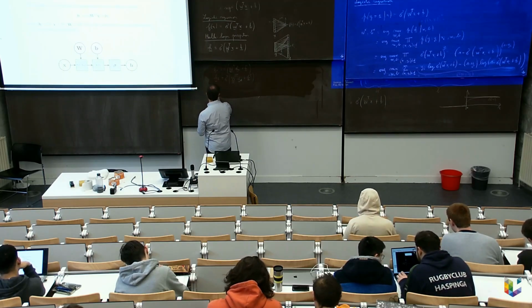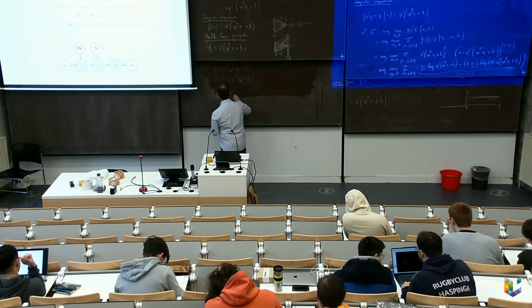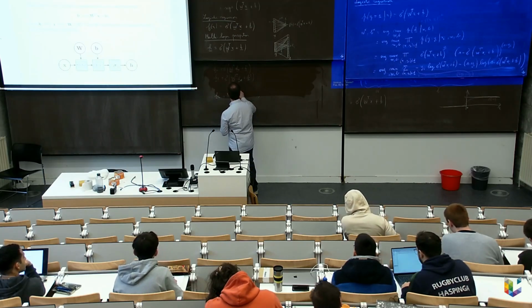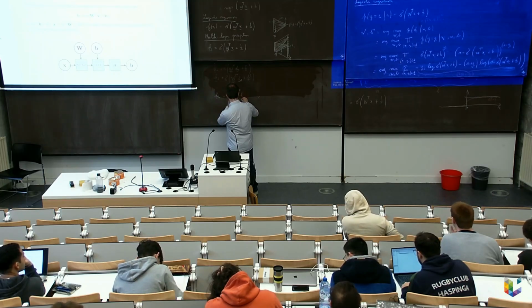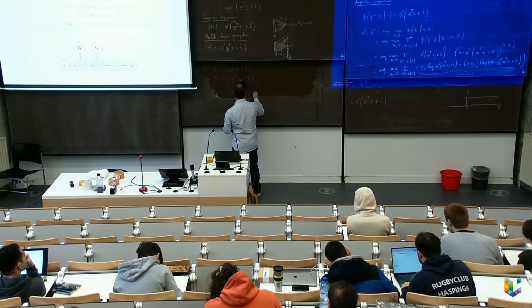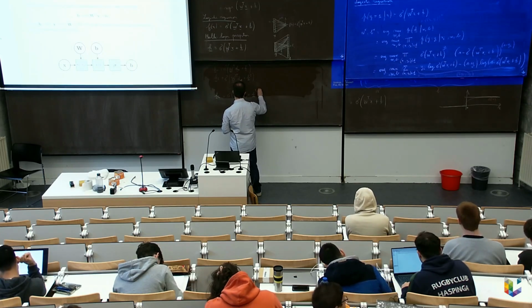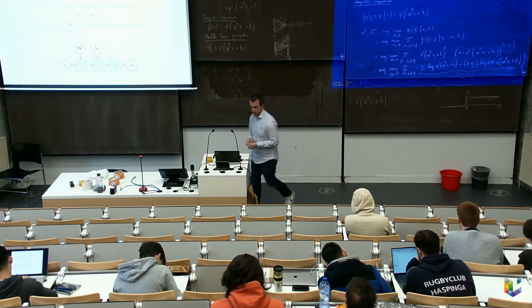Like you can stack, let's say, L of them. And you would have that this is the result of WL transposed HL minus 1 plus BL. Okay?